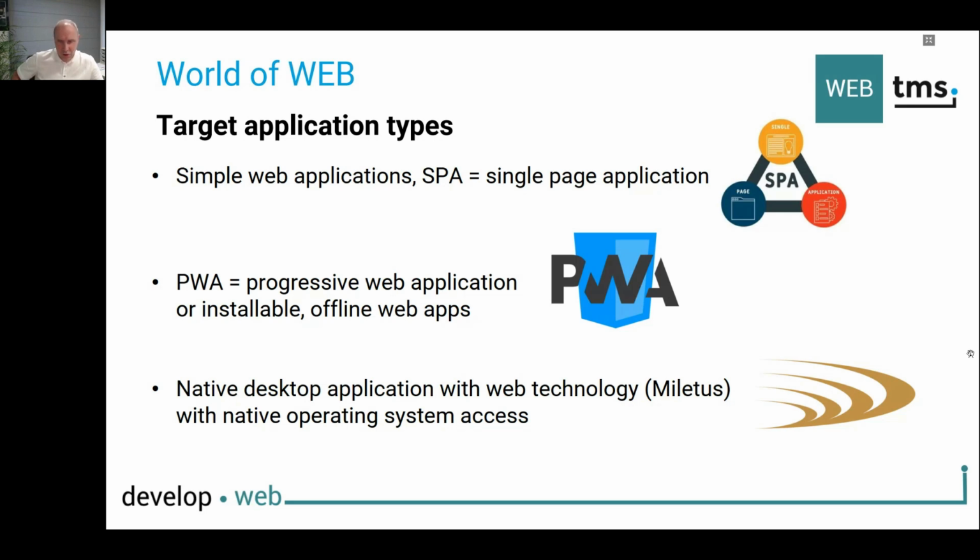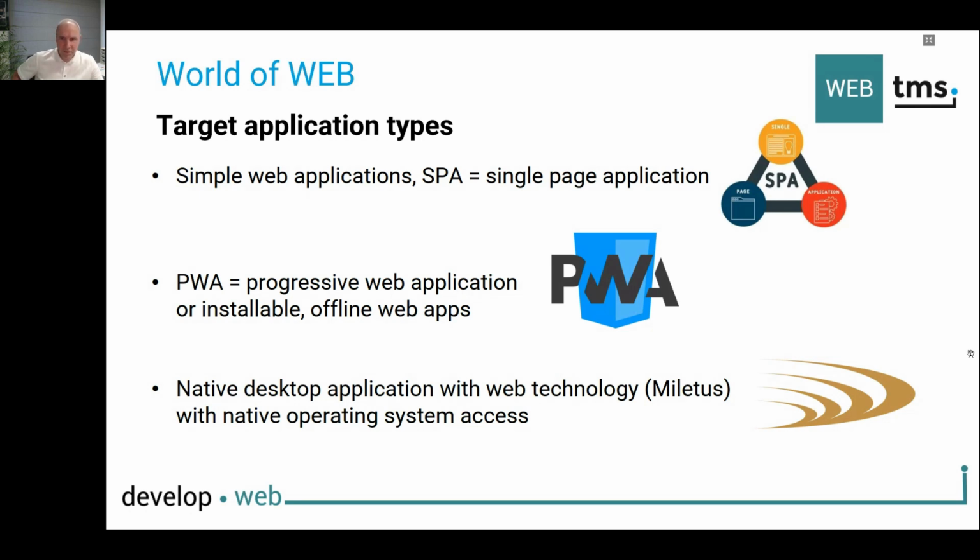And Miletus offers you also the APIs, the gateway to access operating system functionality, such as, for example, the file system. So whereas a regular web application is, of course, not able to access the local file system, that would be a very, very serious security breach if that would be possible.